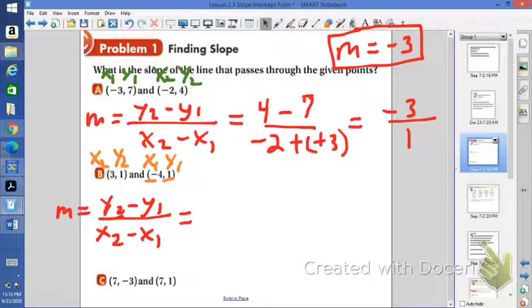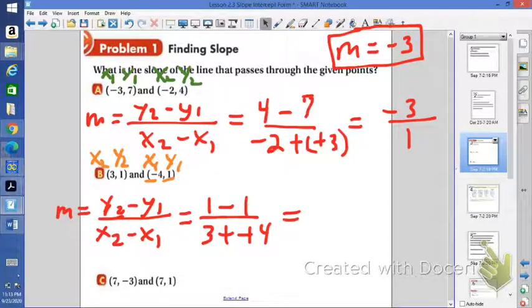Alright, so our y sub 2 is going to be 1 minus 1. Our y sub 1 was 1. And then what do we got here? Our x sub 2 is going to be 3 minus our x sub 1, which is negative 4.